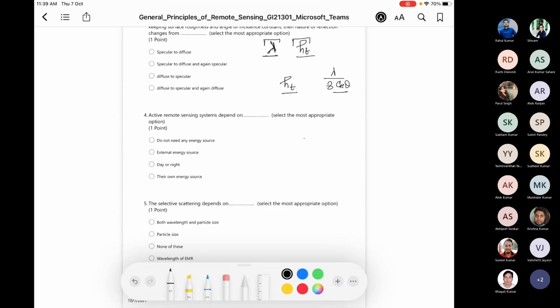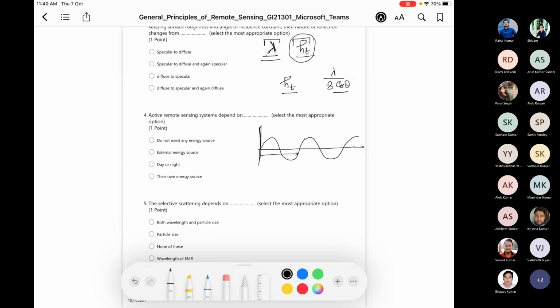When the surface roughness is very low compared to the wavelength, do you know how we define a wavelength? If we analyze a particular signal, there is an electric and magnetic field, and it varies in a sinusoidal form, a cosine form.